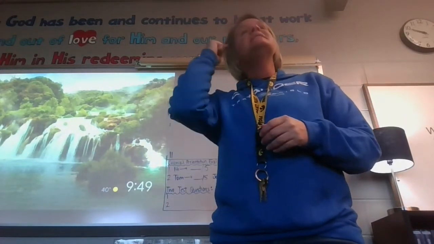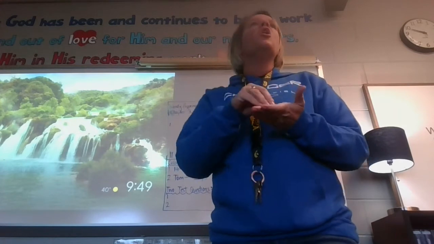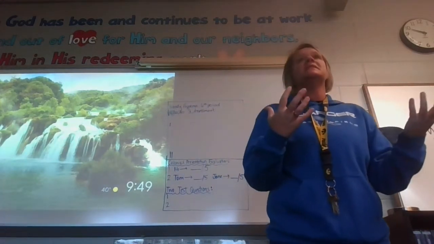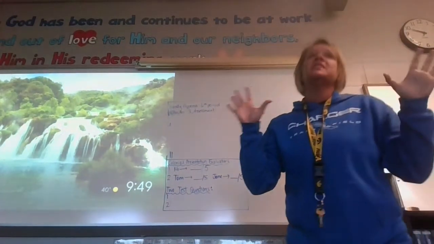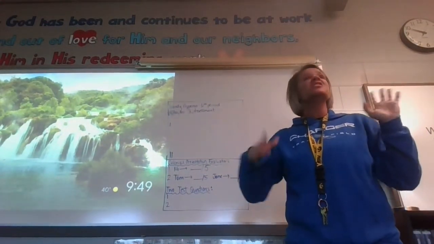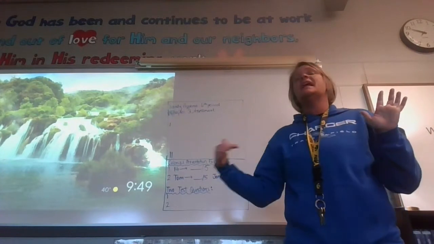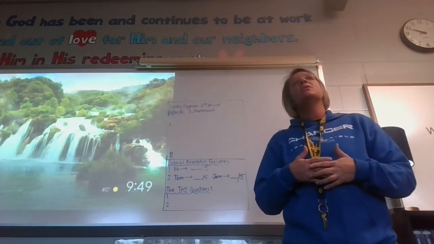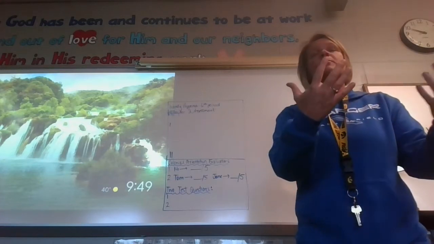So here we go. Let's think about this. What role did religion play in the establishment of the colonies? I want you to think about this. There's a very general way that you can answer that. I would also like you to think about the colonies that you presented on.